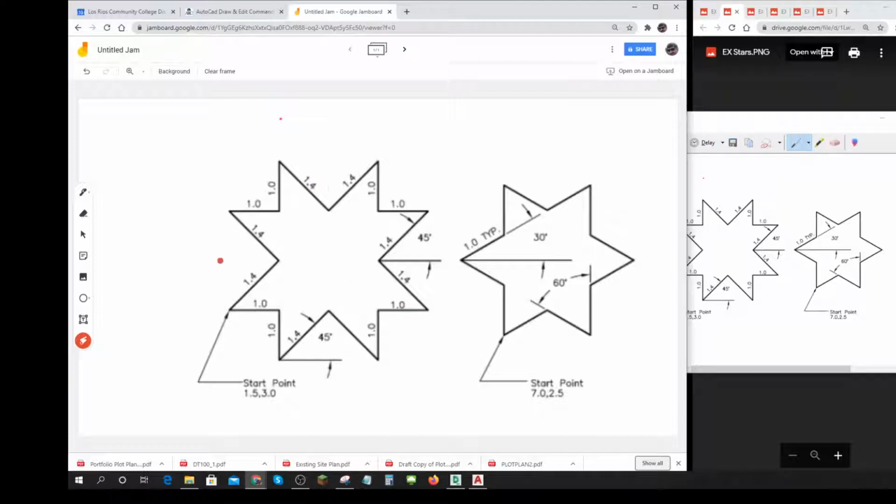So that lets me draw this one. And then over here, I notice they're all 30 or 60, but guess what? That's 30. That's 30.